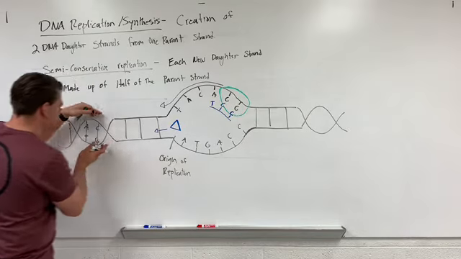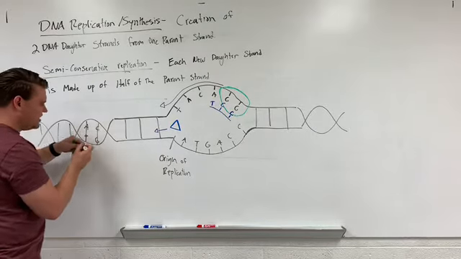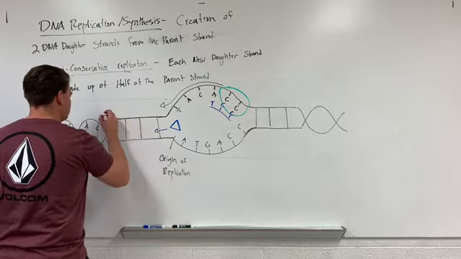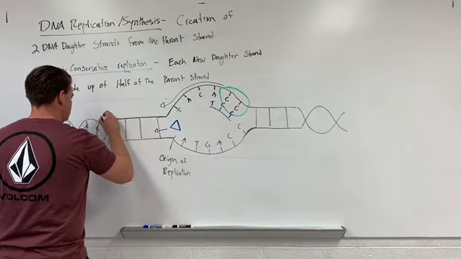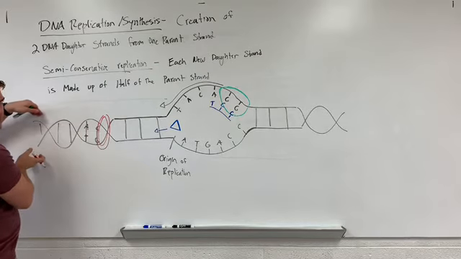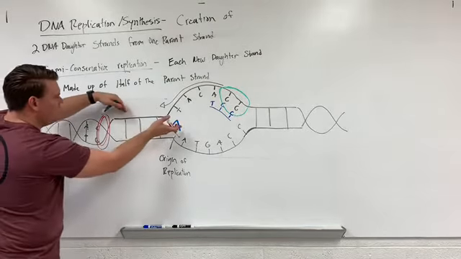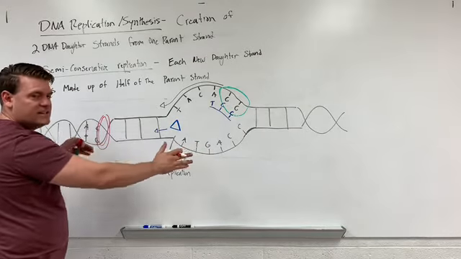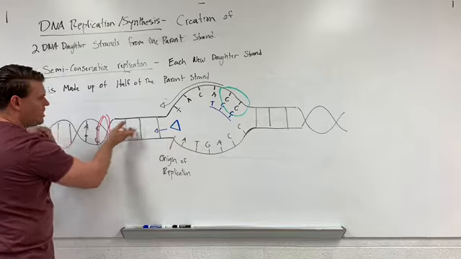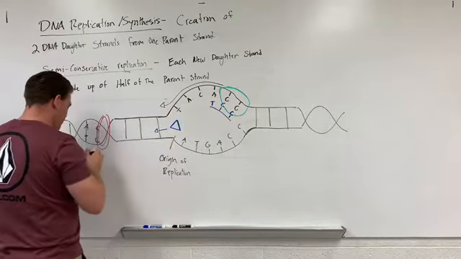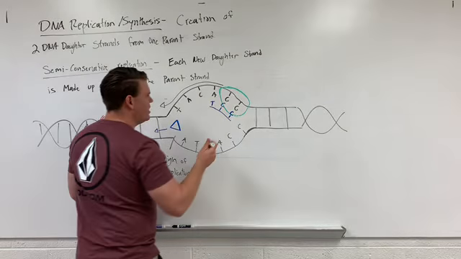All right, and as it gets to this part here, there's actually another actor right here. And its job is to unwind the double helix so that this guy can keep going through and cutting the hydrogen bonds and splitting open the DNA, so that this guy can continue to follow this helicase.